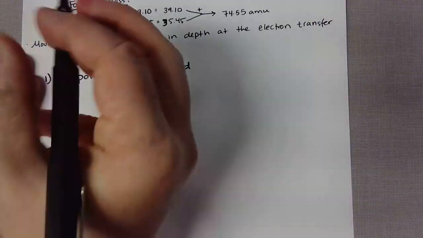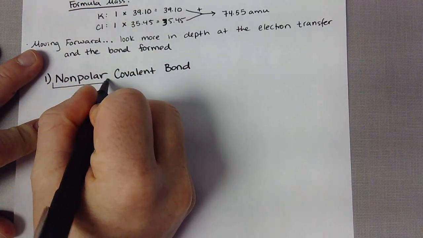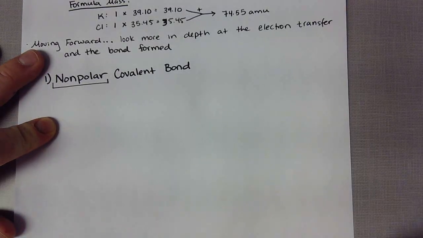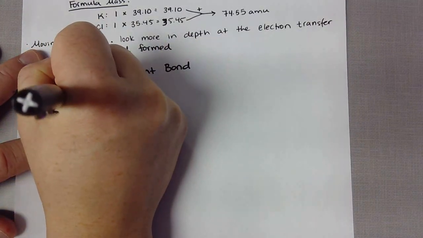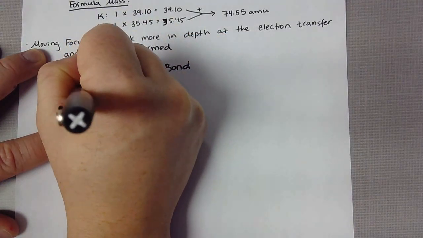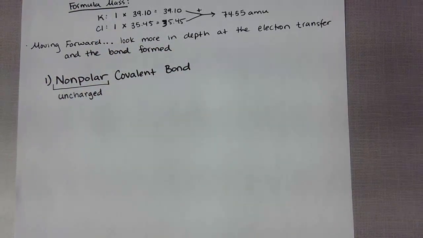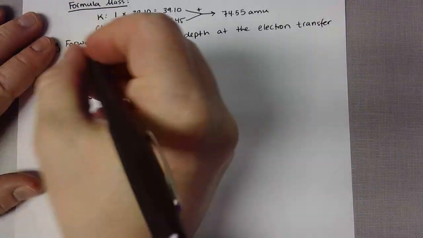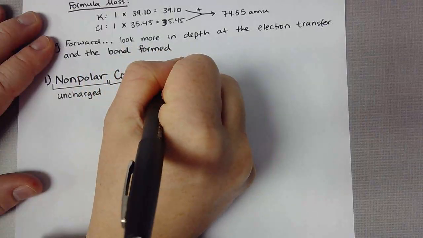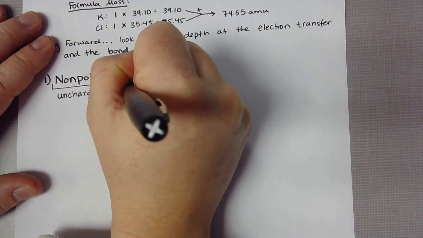So breaking them down, the word nonpolar, non we know. Non means no or un. The word polar means charged. So nonpolar means uncharged. The word covalent refers to sharing.